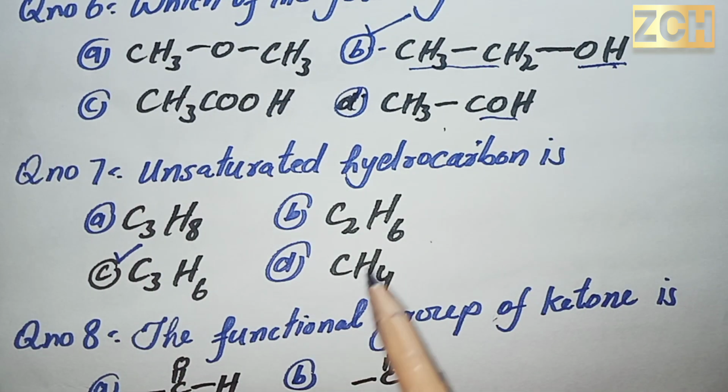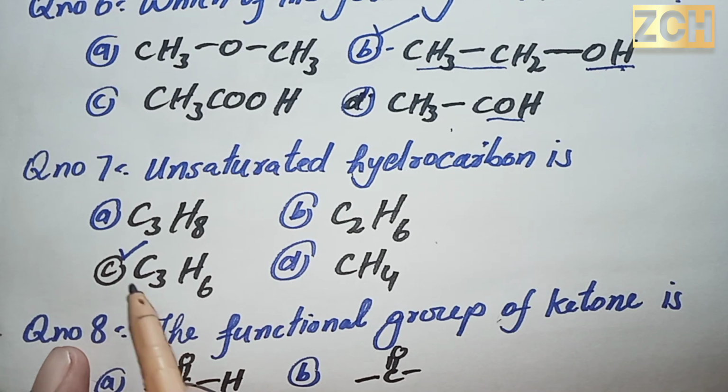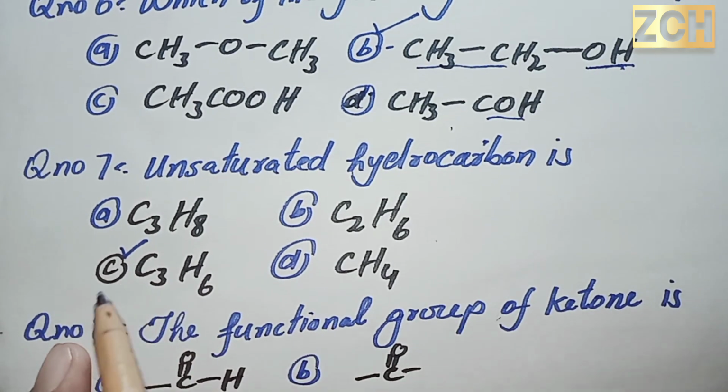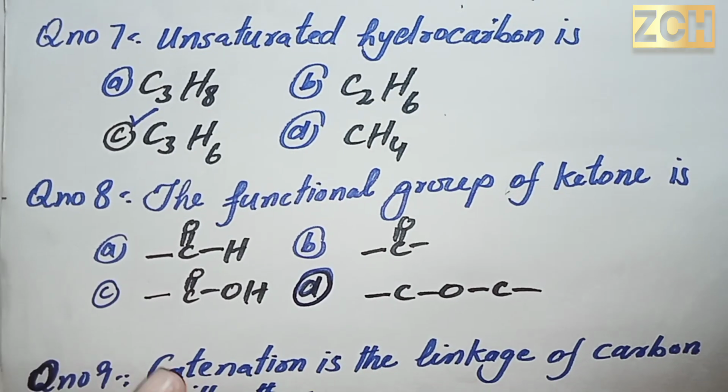So here the unsaturated hydrocarbon is C3H6. Option C is correct.